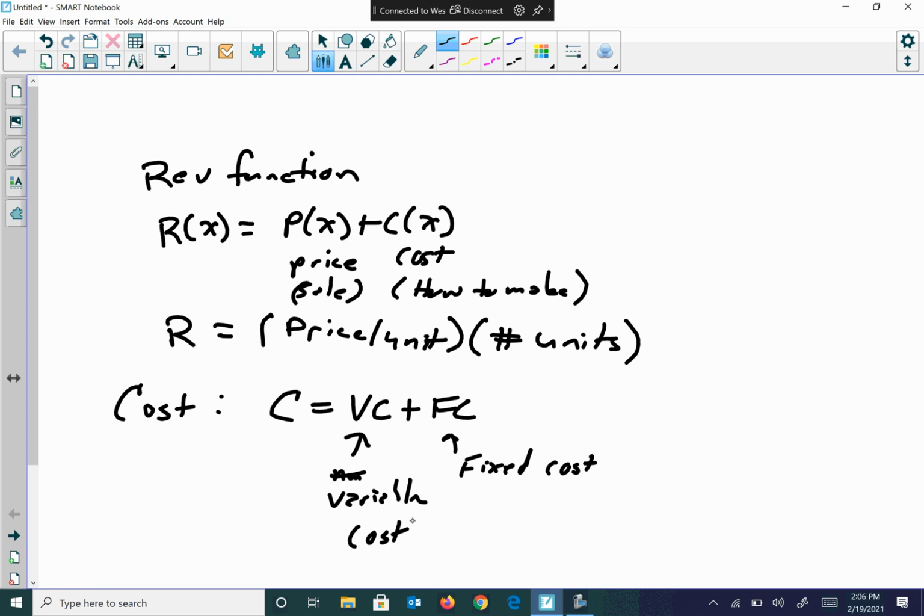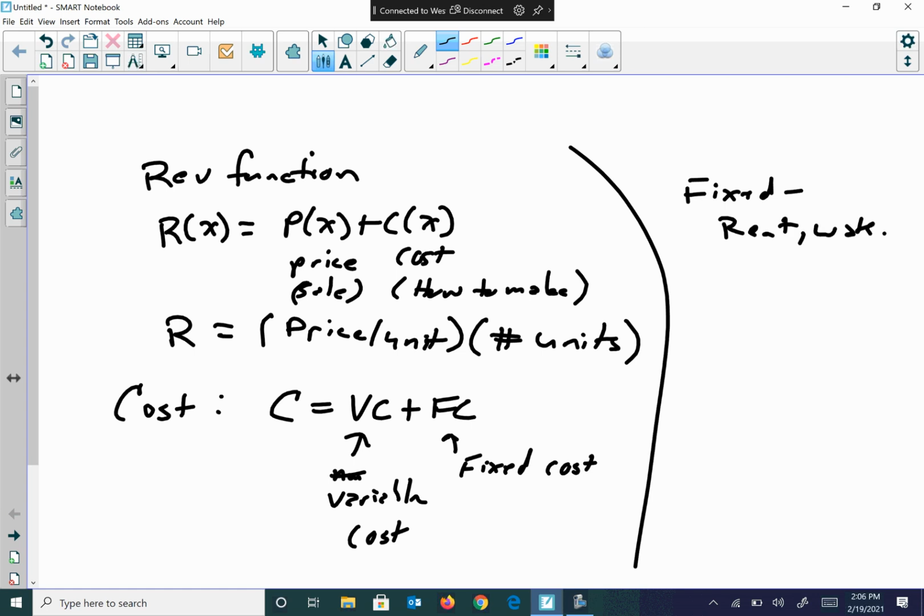All right. So with that information, we start talking about fixed costs, which we already said. That's your rent, your water, your wages, whatever you have every month, that's going to be a part of it. Your variable cost, that's your number of units produced.